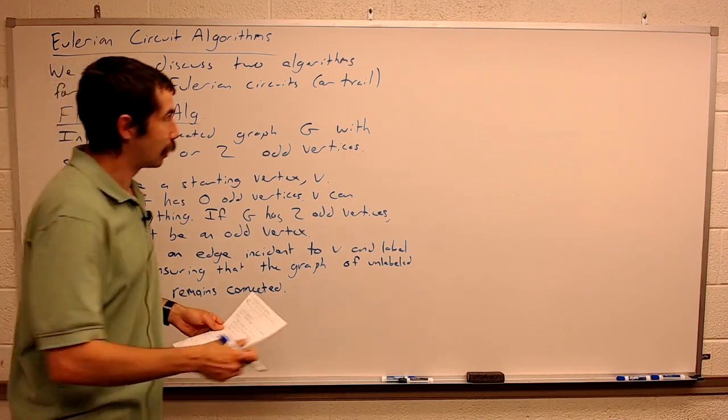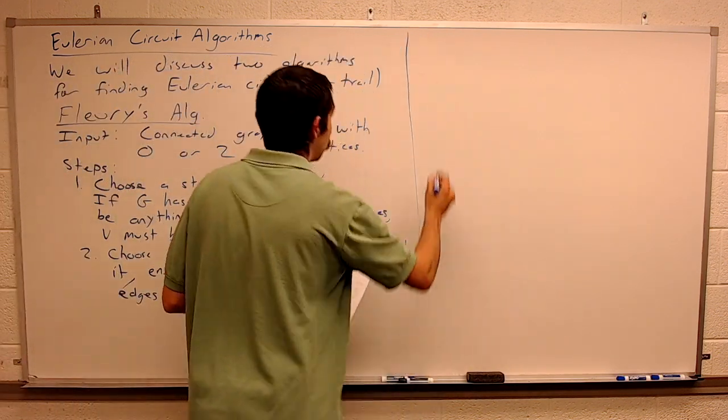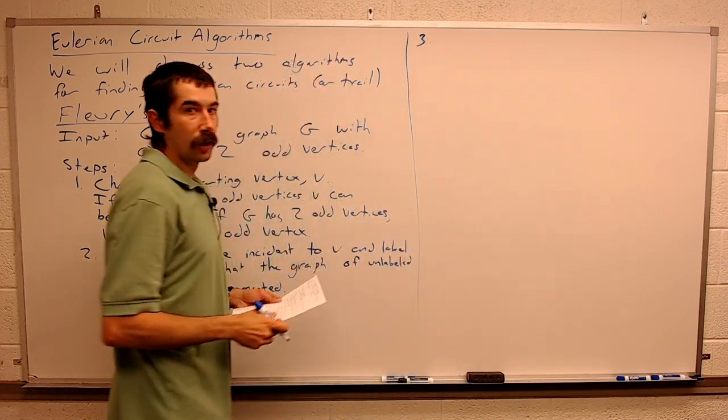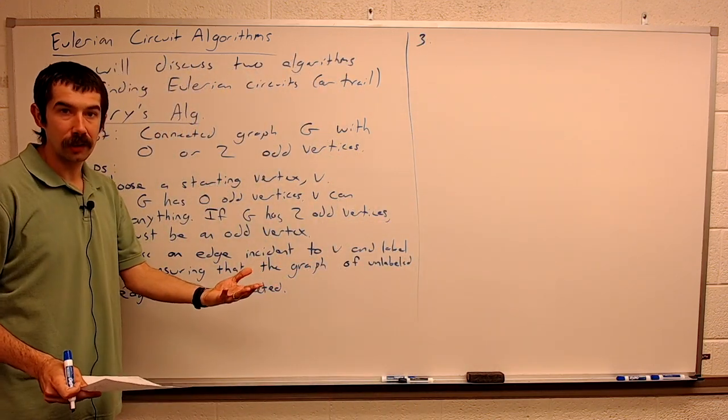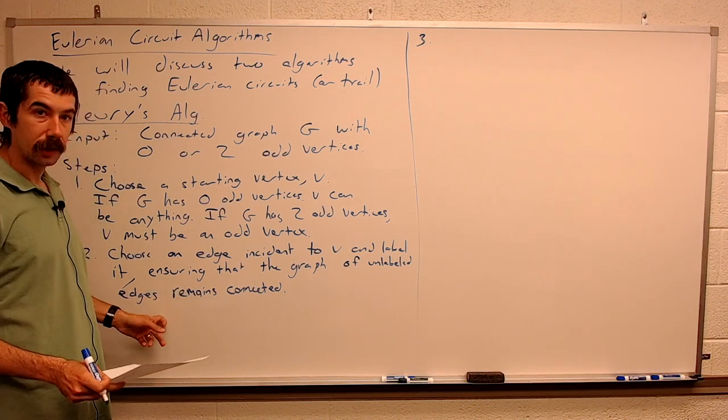Okay, and so that's basically it for the algorithm. So what we're going to do now for step 3 is we're going to travel along this edge and repeat this process.